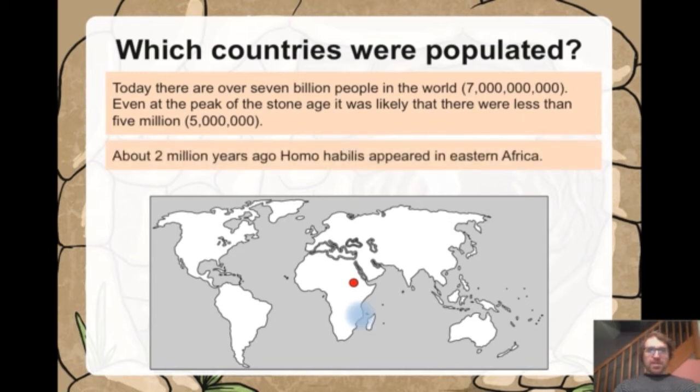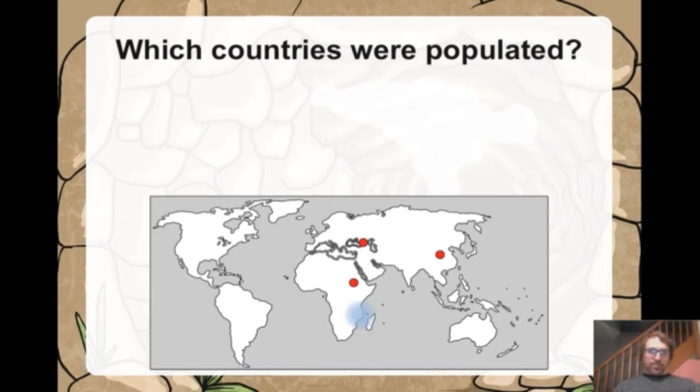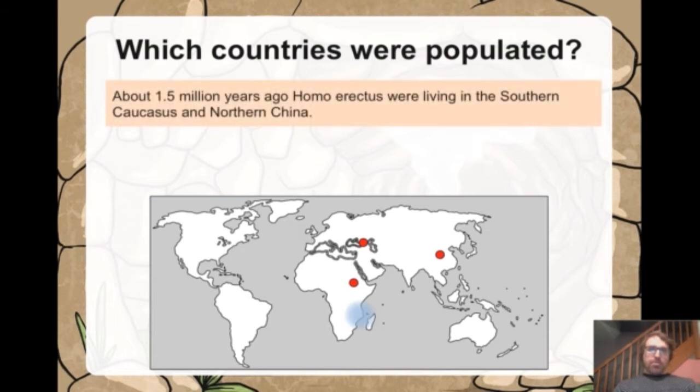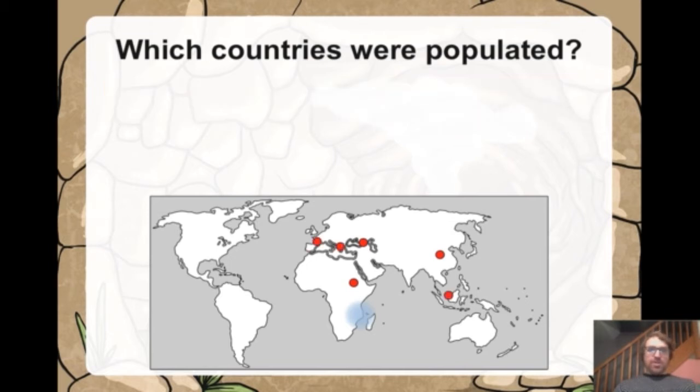About 2 million years ago, Homo habilis appeared in Eastern Africa. About 1.5 million years ago, Homo erectus were living in the southern Caucasus and northern China. You can see the dots there on the map where it started to spread again.